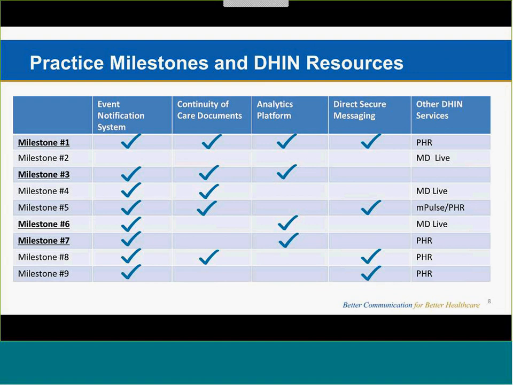If you look at this slide that we showed last time, we highlighted milestones 1, 3, 6, and 7 when it comes down to analytics. So Angie, I'll pass the ball over to you, and I'll still do your slides, Angie, to talk a little bit more about our analytics platform and how we can assist with these specific milestones.